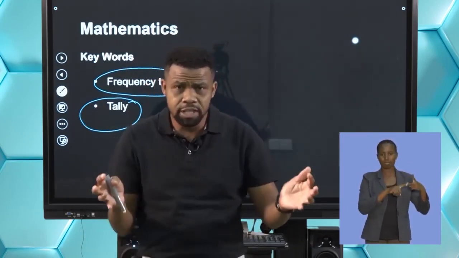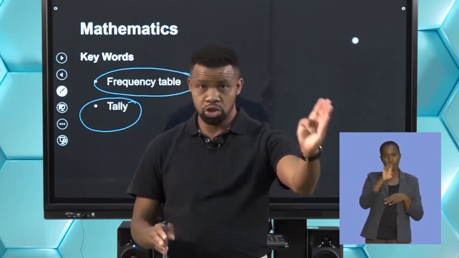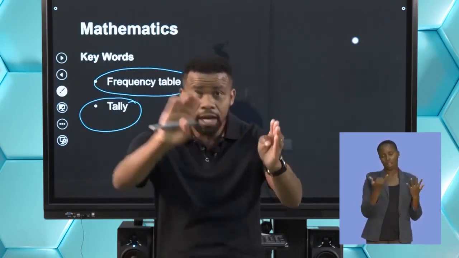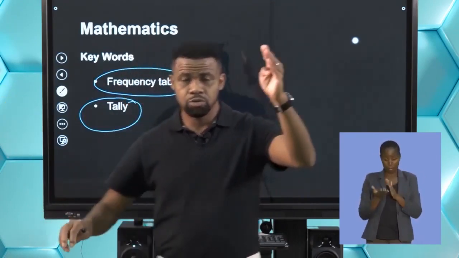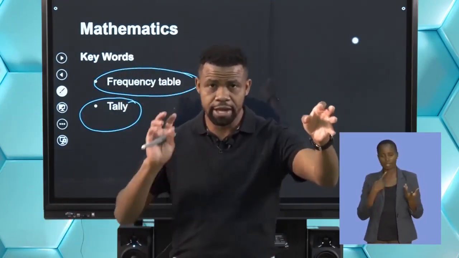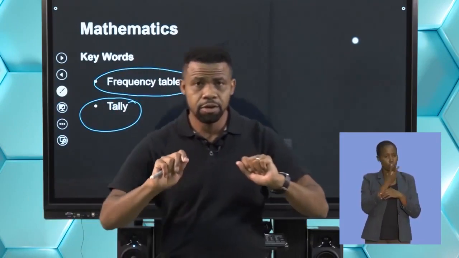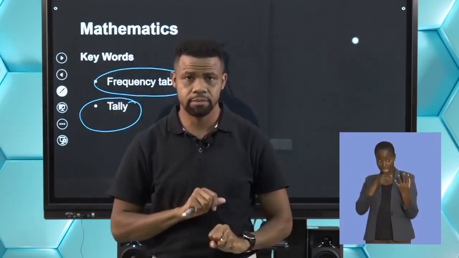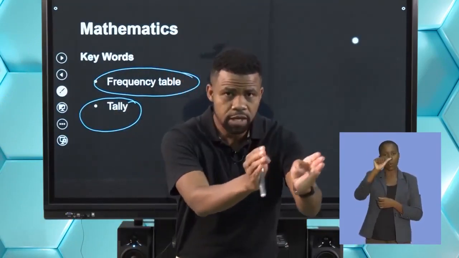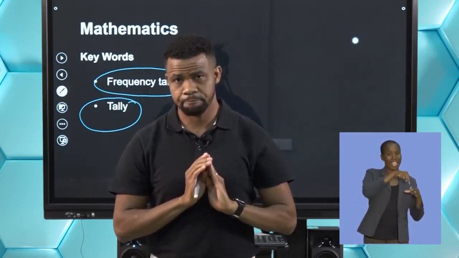So that is a frequency table. We have kids between the age of 0 to 9, how many actually died from COVID-19? We have a number. Between the age of 9 to 20, how many? Between the age of 20 to 30, how many? It's frequency. And that is the frequency table, okay? Because you have an interval and how many in that specific interval. Does that make sense? Okay.